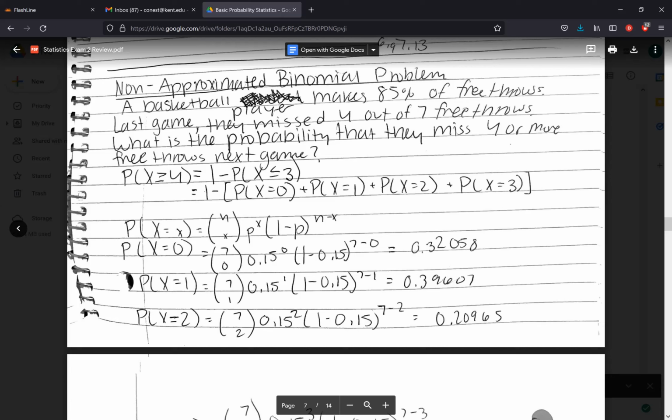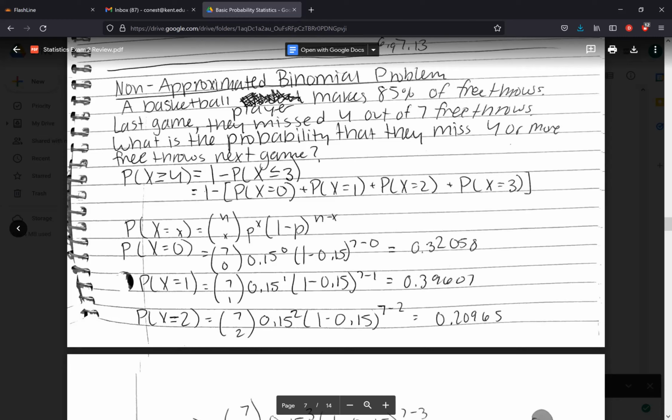The problem is that you don't know how many total free throws they're going to make, so you could have 0 free throws, 1 free throw, 2 free throws, 3 free throws.